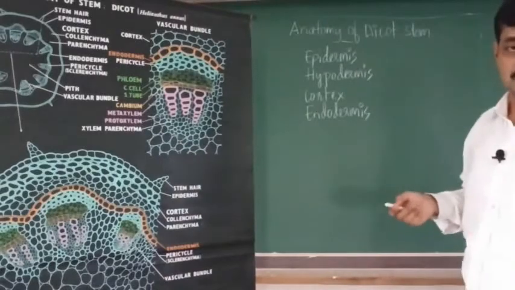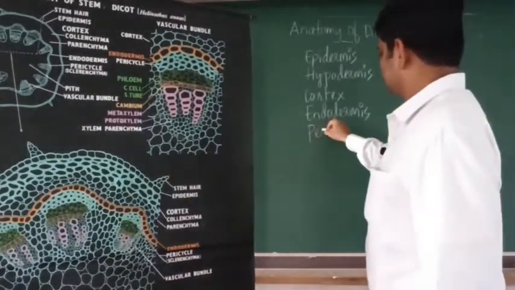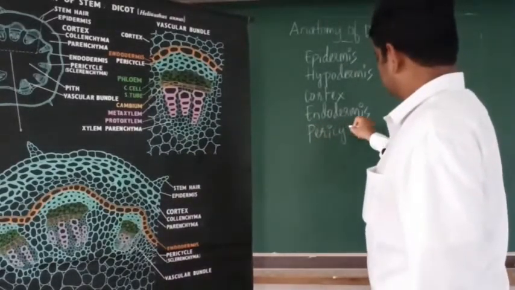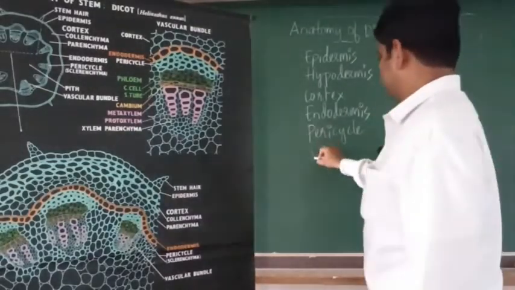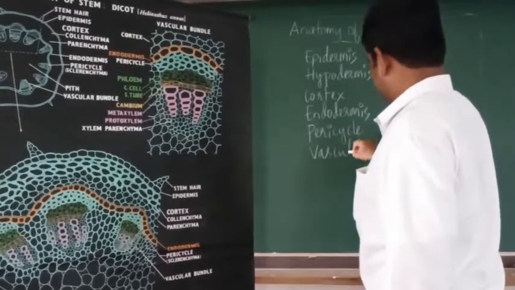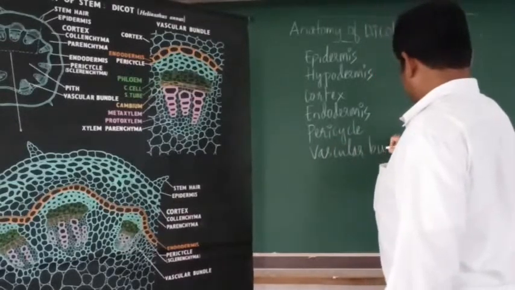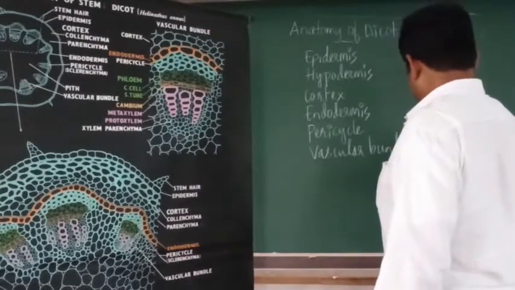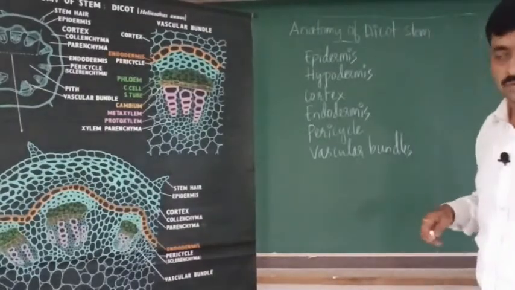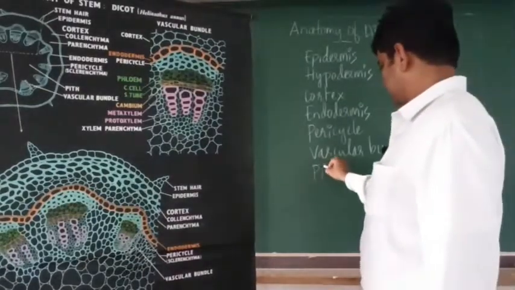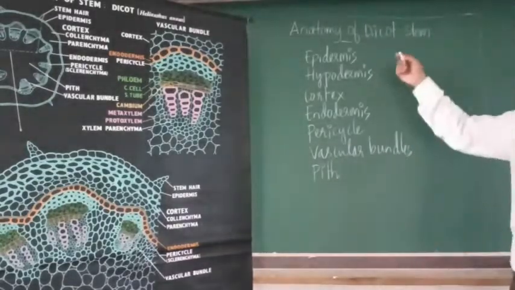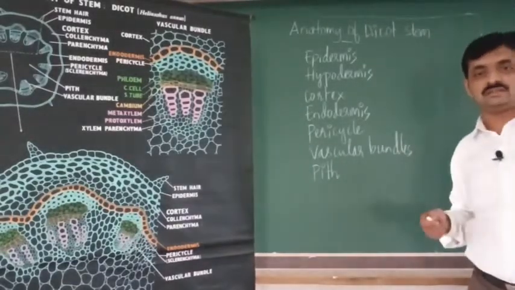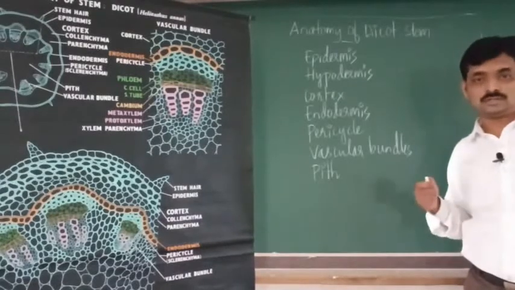Then after endodermis, there is pericycle. After that vascular bundles, and finally the last part is the pith. So these are the important parts that you can see in the section of dicot stem.